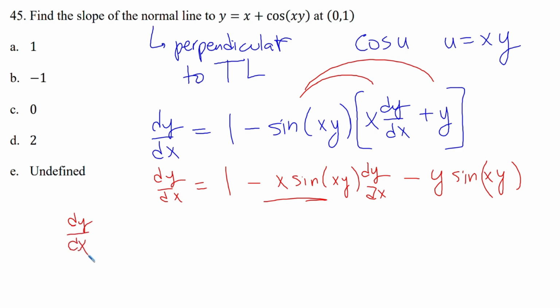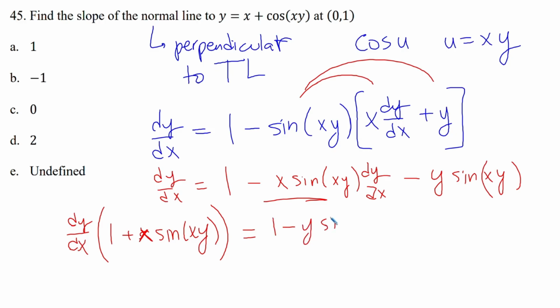And when we do that, we can factor out the dy/dx. So we'll have dy/dx multiplied by the 1 from this dy/dx, plus the x sine of xy. And then on the other side, we're just going to have the 1 minus y sine of xy.